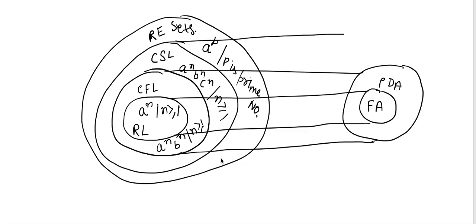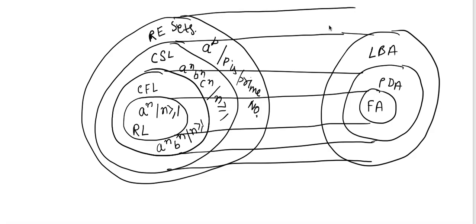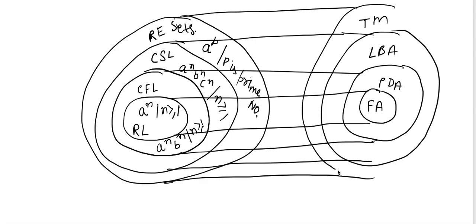For CSL we have linearly bounded automata. Now for recursively enumerable languages or sets, we have the Turing machine.